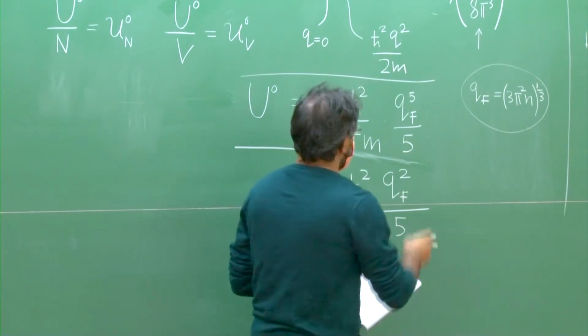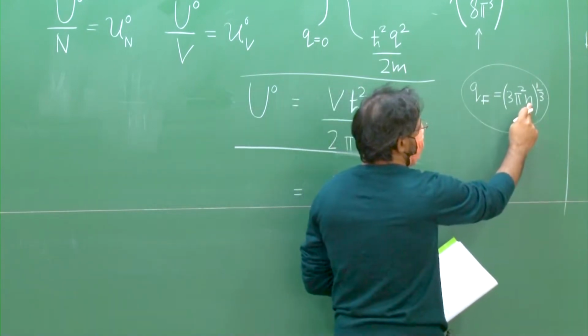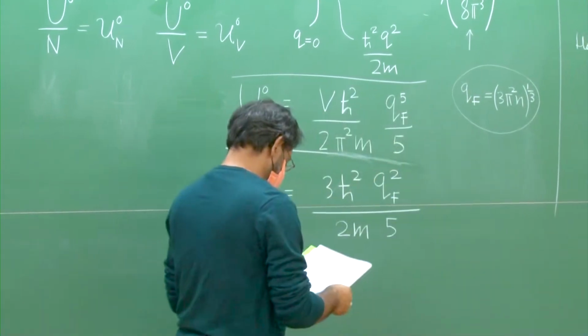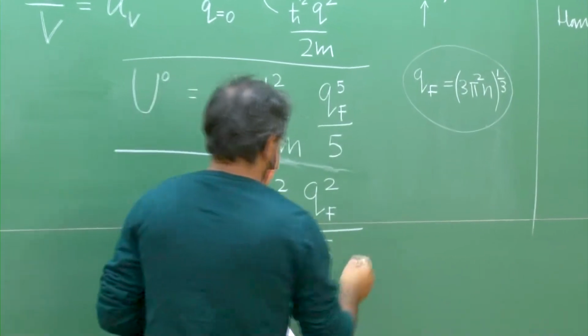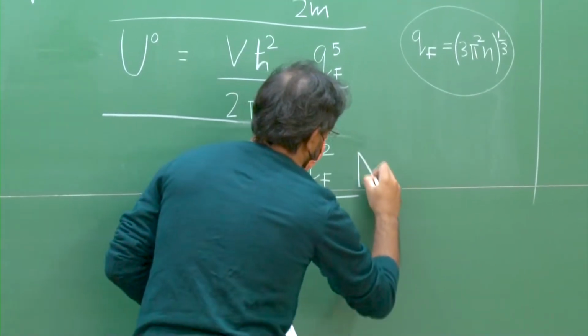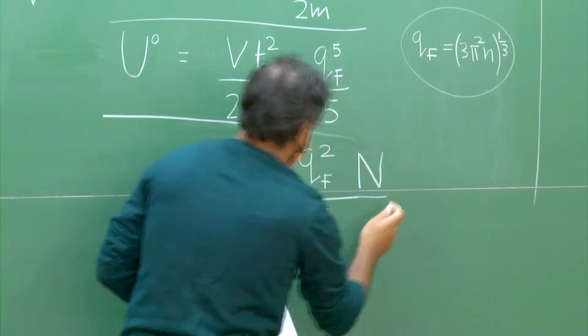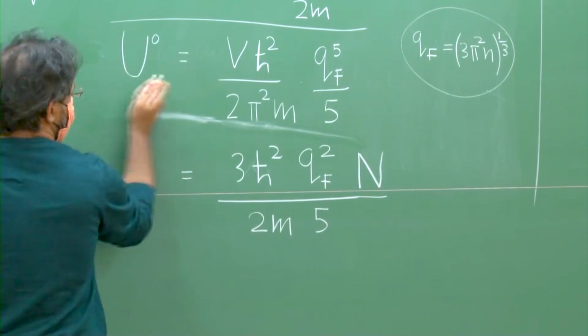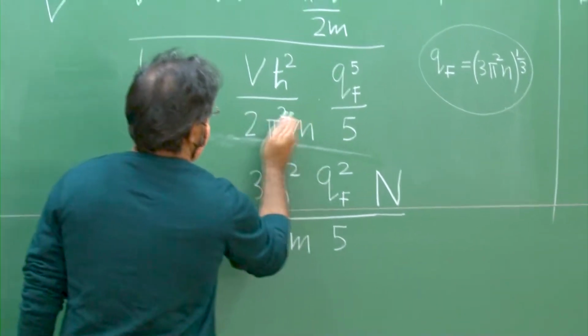The catch here is that you will write this in terms of little n, and then you will write little n as capital N by capital V. So, here you will also get a capital N. This is what you are going to get if you do everything nicely.